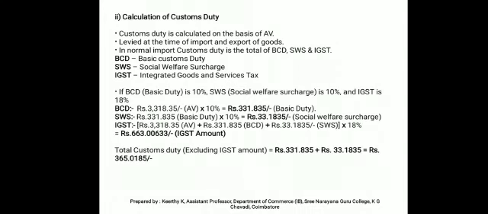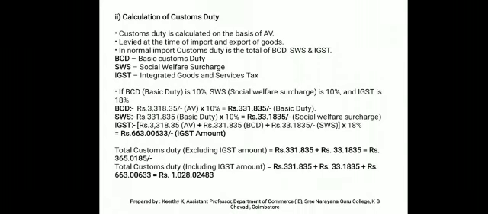If the imported goods are excluding IGST, then the total customs duty will be the basic customs duty plus the social welfare charges. The basic customs duty is 331.835 and the social welfare charges is 33.1835. Adding these two, we get rupees 365.0185 as total customs duty excluding IGST.